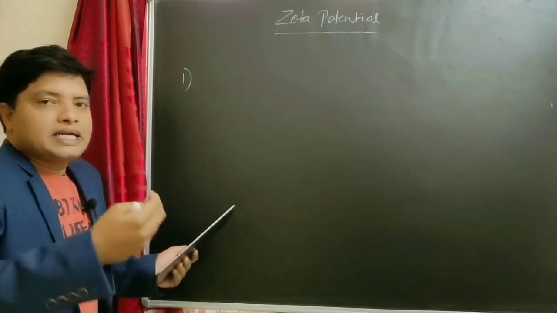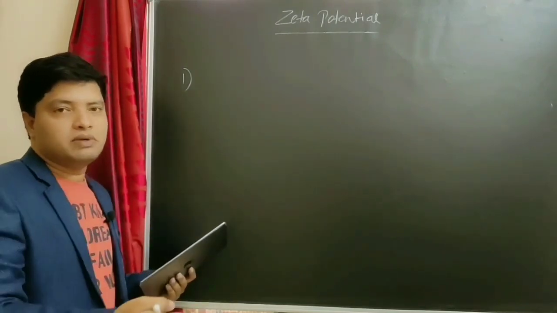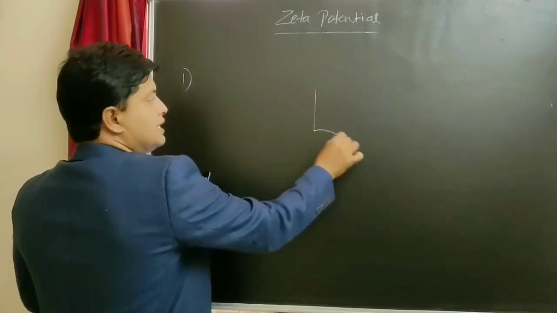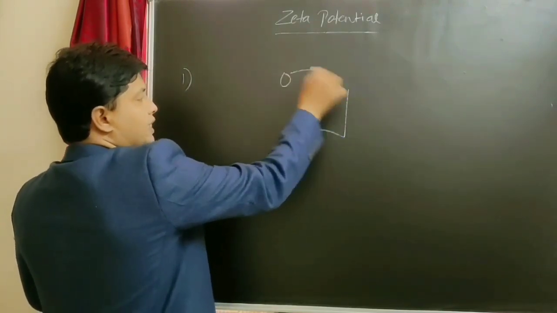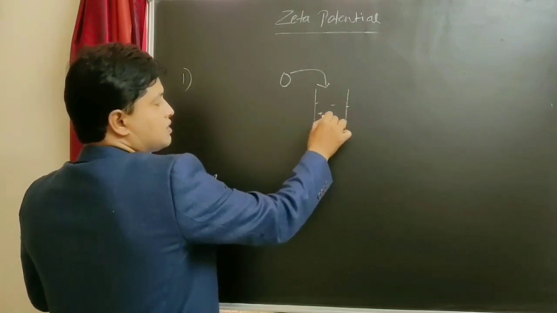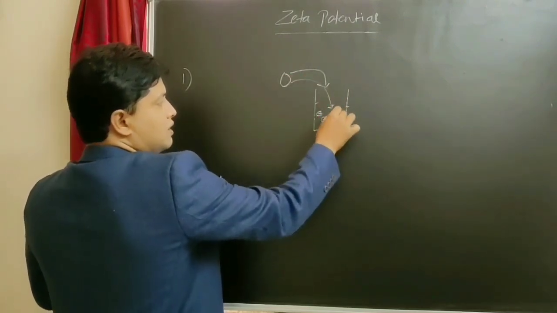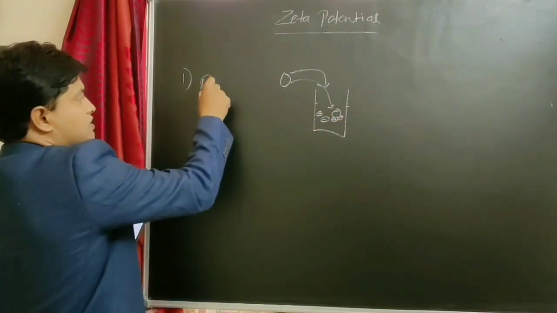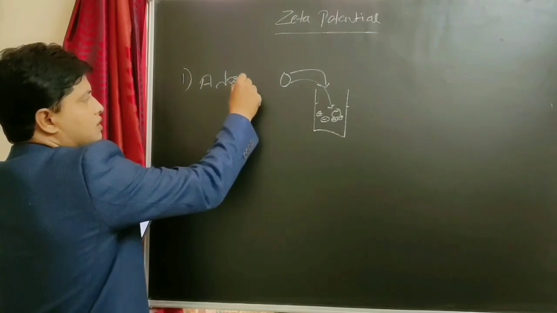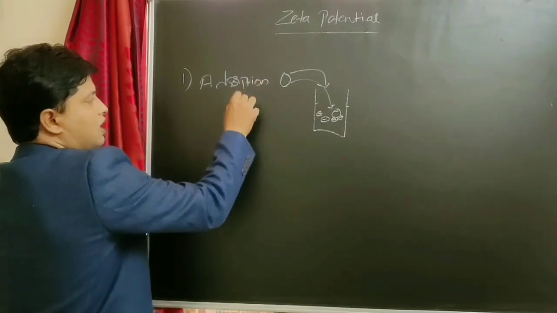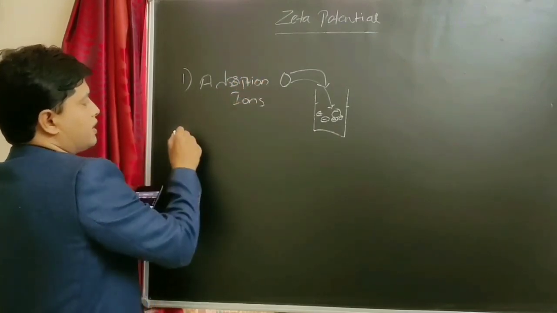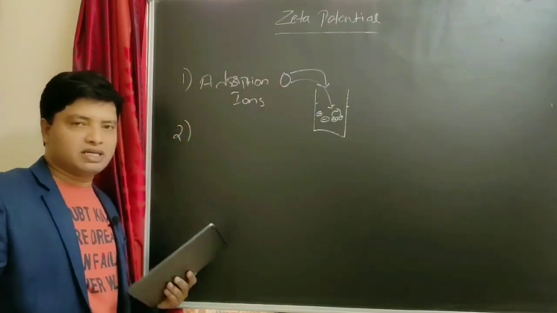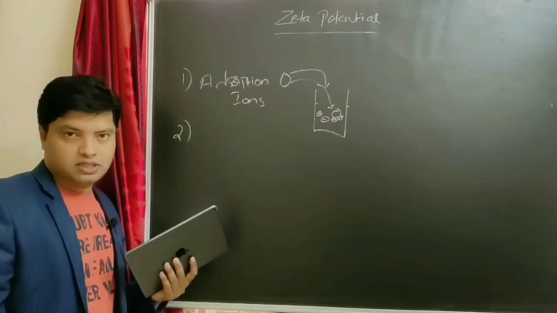Assume that the particle itself doesn't have any ionizable groups. Then when you insert this particle into the water, whatever ions present in the water will get adsorbed on the particle. So the first method through which the particle will get charged is the adsorption of ions.